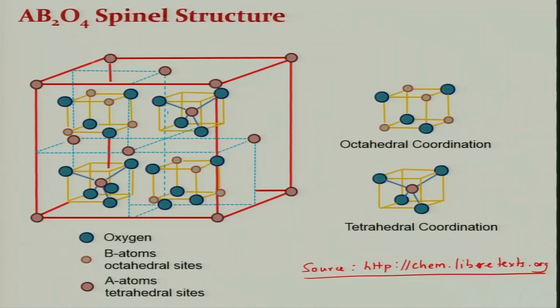So this is the first cell on top, then you have another cell on the back, so you have 8 cells on top of each other. All the atoms have not been drawn for the sake of simplicity, but for example, this is one oxygen atom. So these are all oxygen atoms. Okay, so this is one oxygen atom which tetrahedrally coordinates these A atoms.